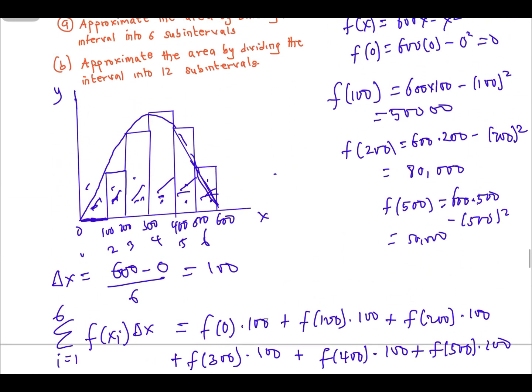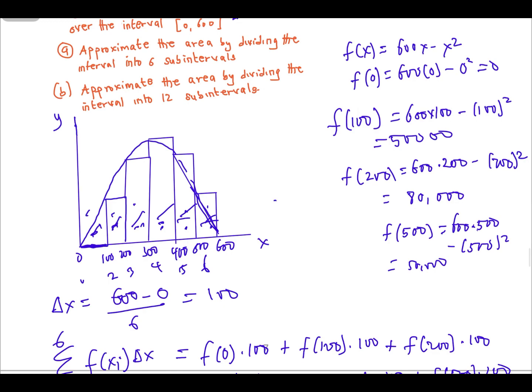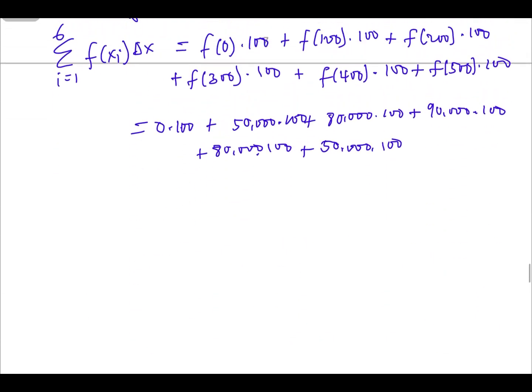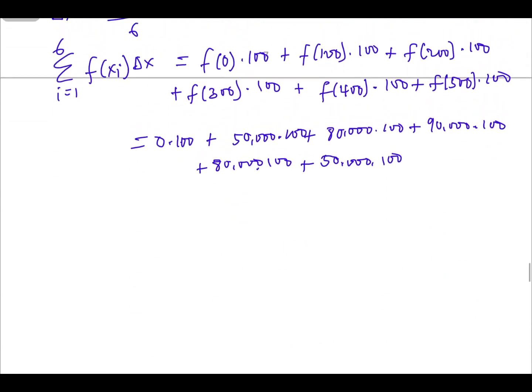So this is the same thing that I was doing here, to let you understand that this is what they did. They inputted a function here to get those values. And from here, we get a final approximation answer of 35 million.